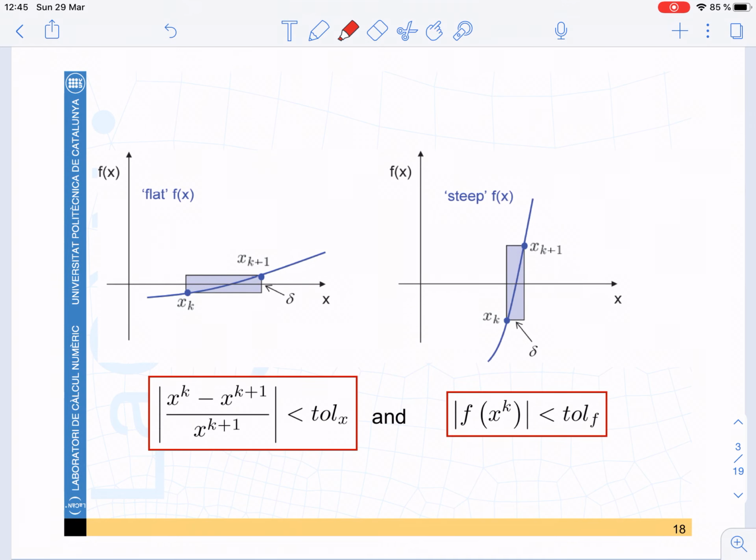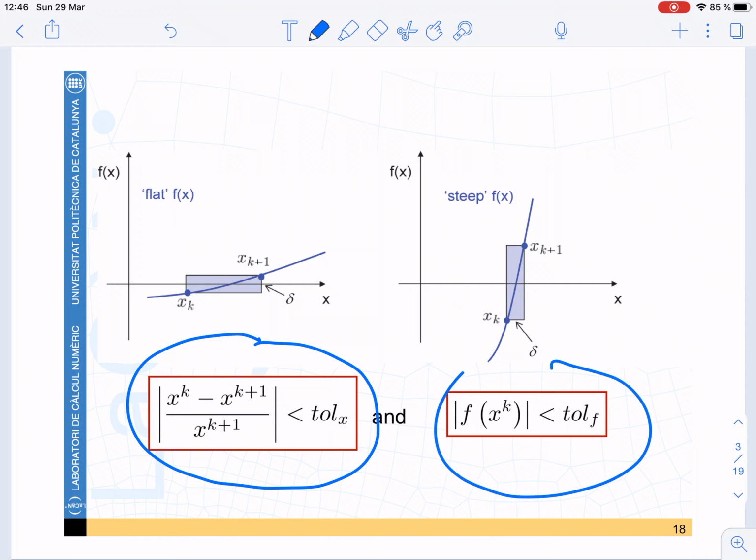It's important to use simultaneously these two relative errors, the one on x and the one on f, to make sure that simultaneously x changes only by a small quantity and f is small enough, to ensure convergence both for the case of flat and steep f's.